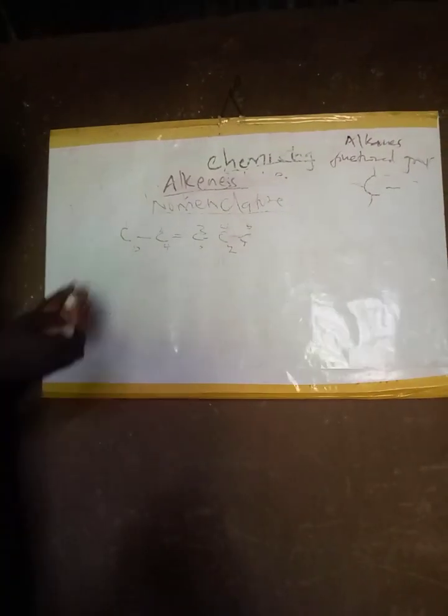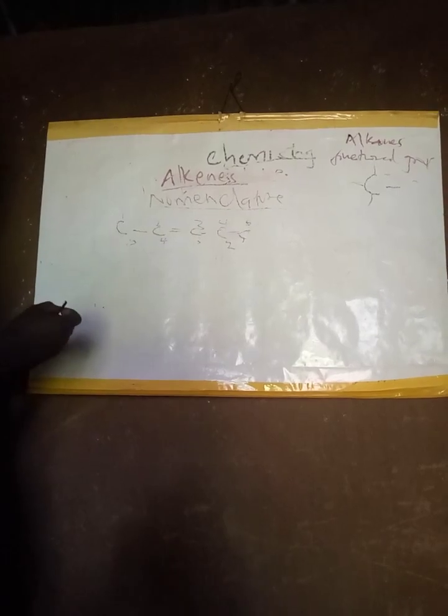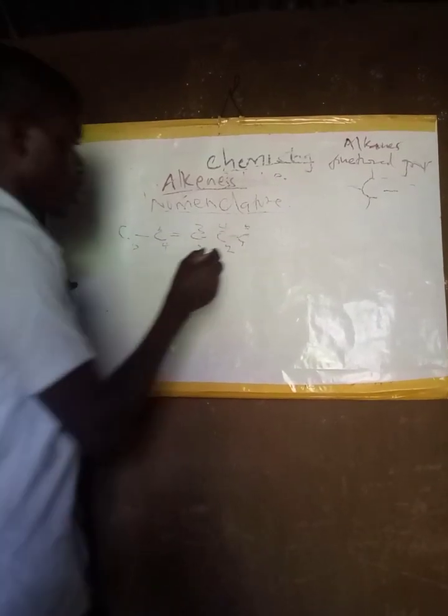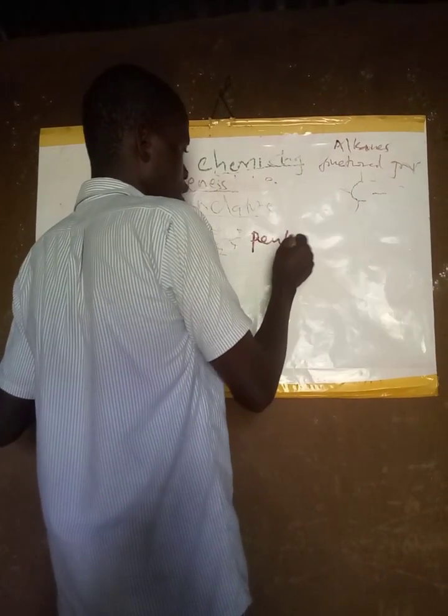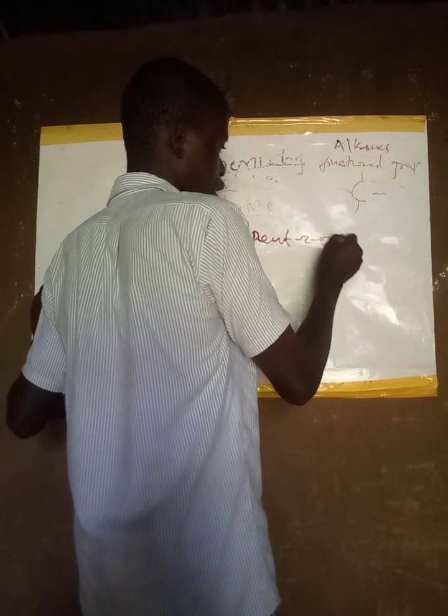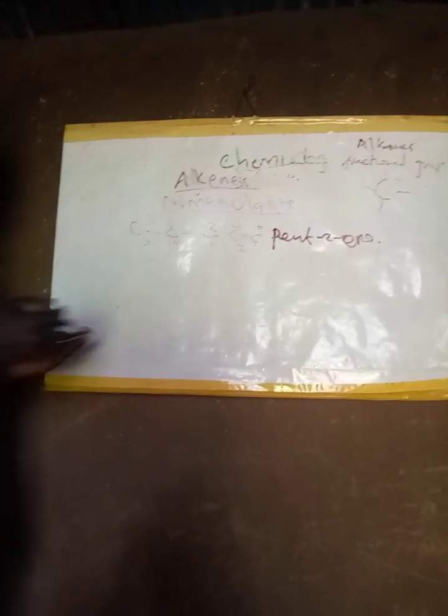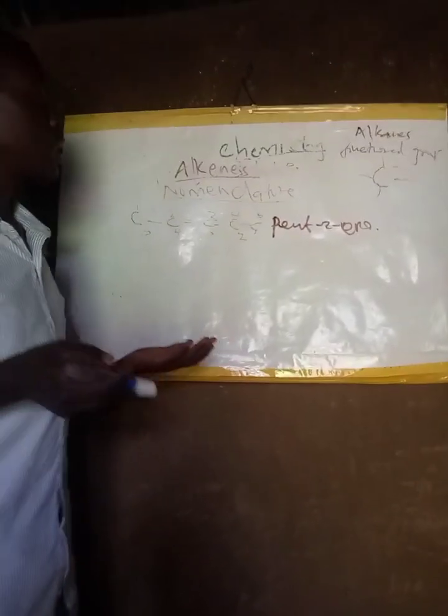So you start from the left hand side, where the double bond will be as low as possible. So this compound is called pent-2-ene.